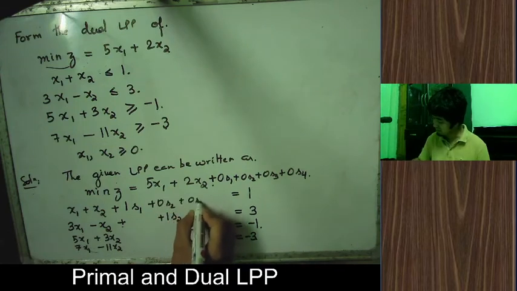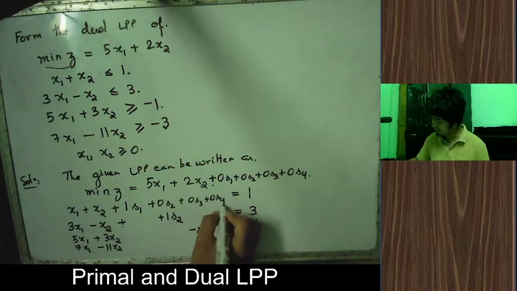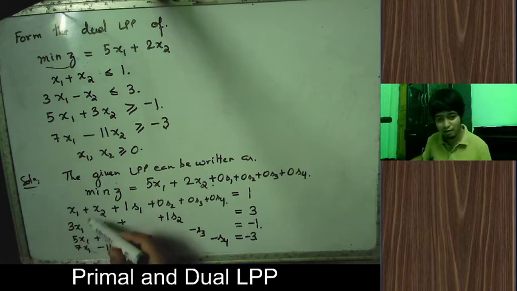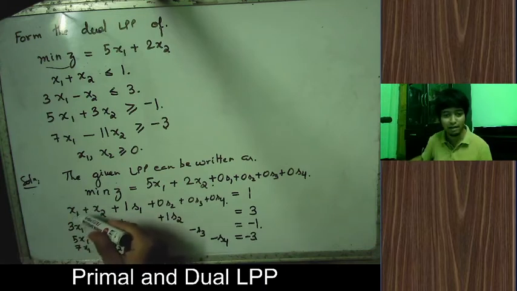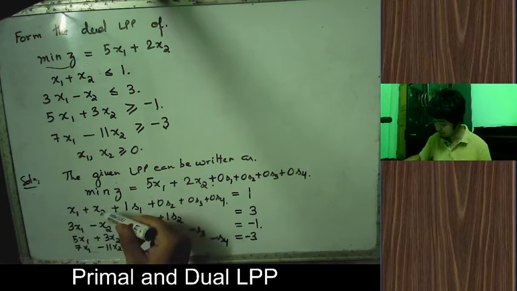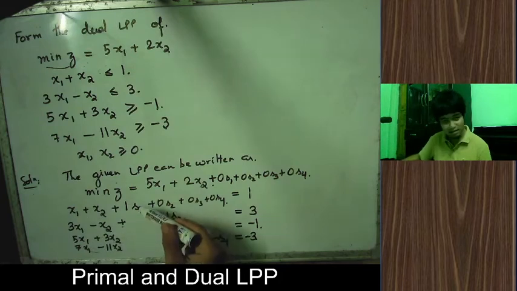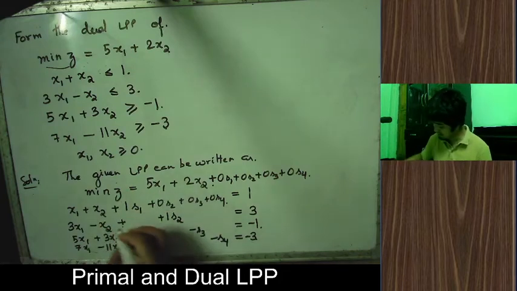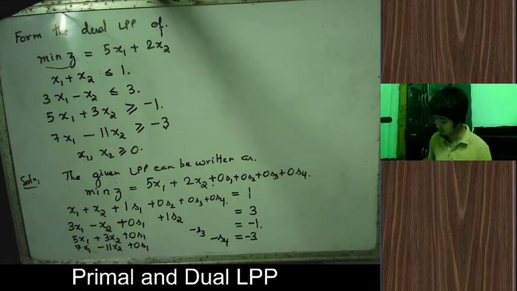0s2, 0s3 plus 0s4. You can see over here that again I'm writing all the variables in one line: x1, x1, x1, x1, x2, x2, x2, x2. Similarly s1 in one vertical line, 0s1, 0s1, 0s1.